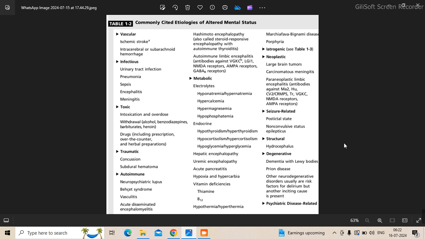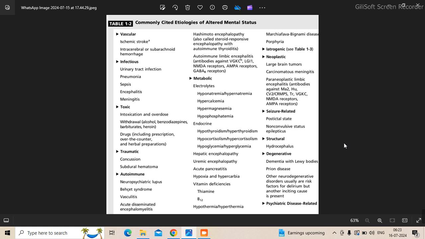Then an important cause is metabolic, in which we have the electrolytes like hyponatremia, hypernatremia, hypercalcemia, hypermagnesemia, and hypophosphatemia. So, besides sodium, what else is important? Hypercalcemia, hypermagnesemia, and hypophosphatemia.